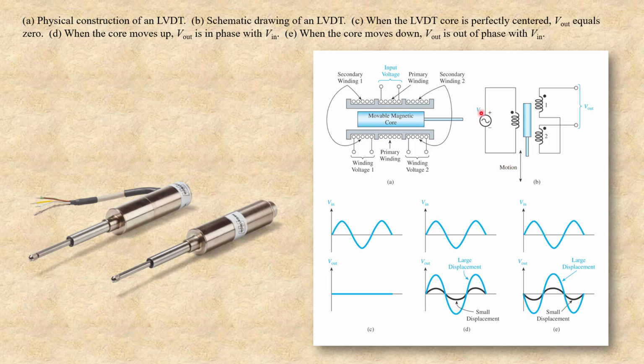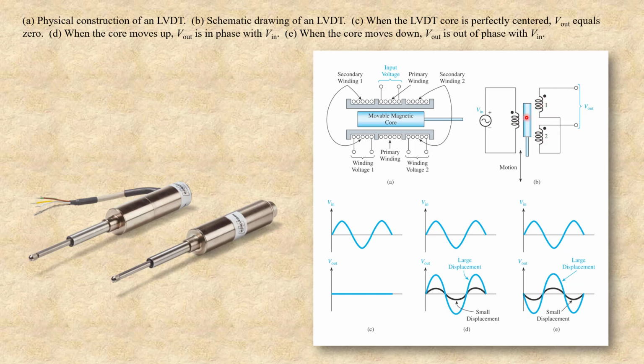The way it works is like this. I have a primary winding. It's a transformer. So I have a primary winding, and I have two secondaries, or a secondary that's kind of split in half. So I've got magnetic flux that's being created in the primary, and both of these are subject to the flux inducing a voltage in them.